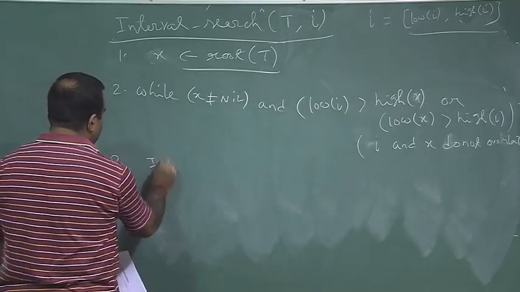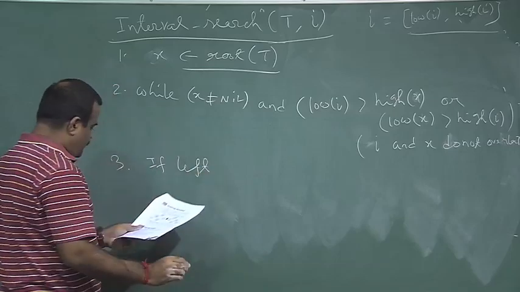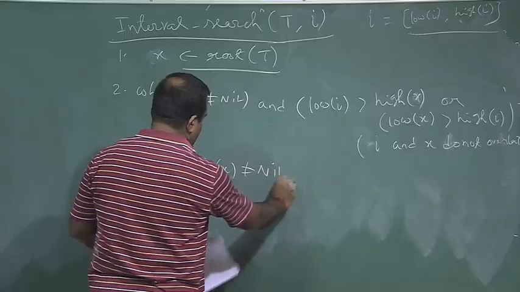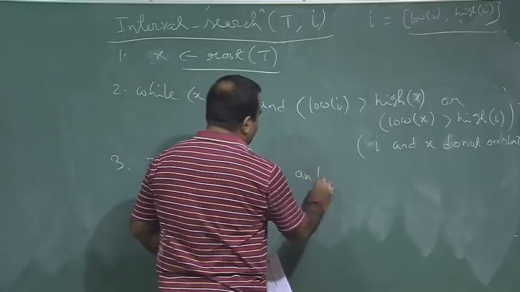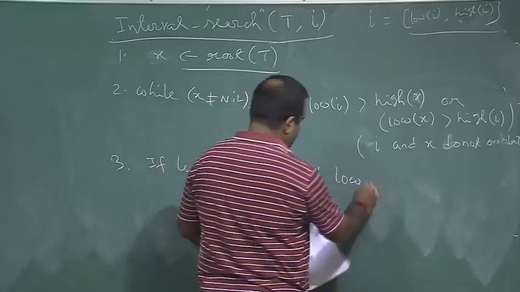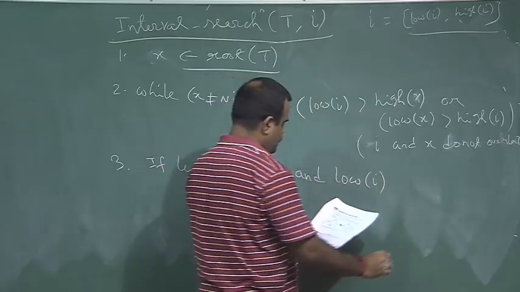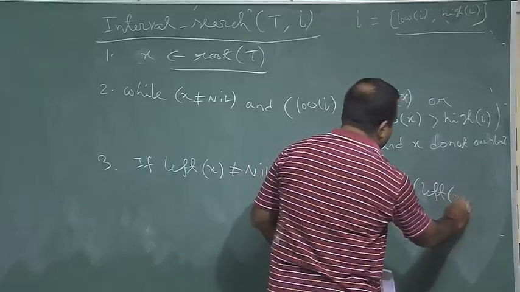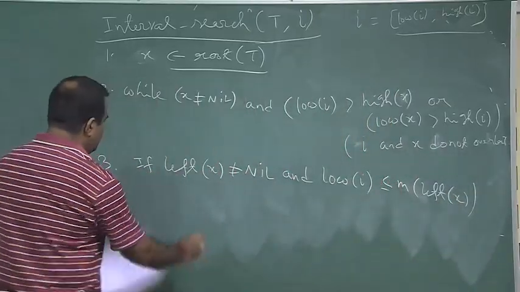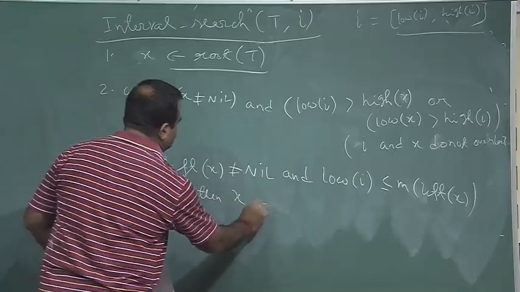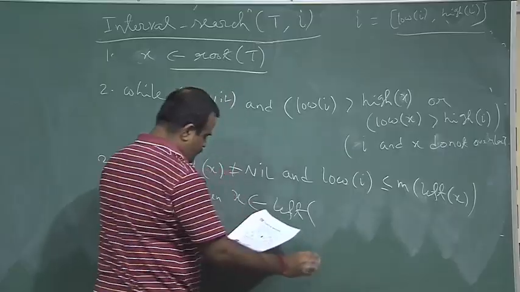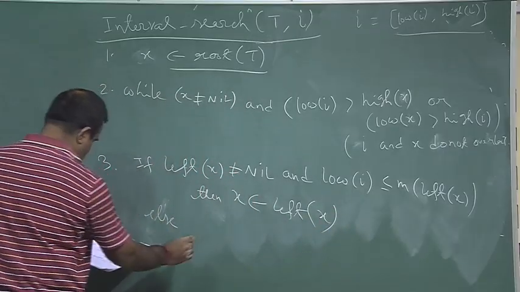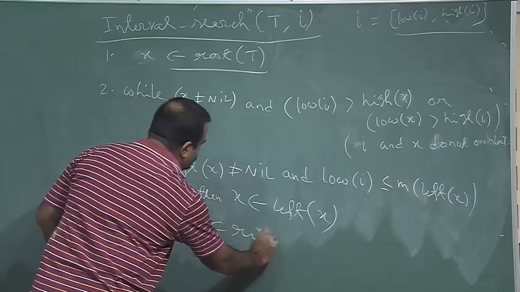Now, if left of x is not nil, and low of I is less than or equal to m of left of x, then x is equal to left of x, else x is equal to right of x.